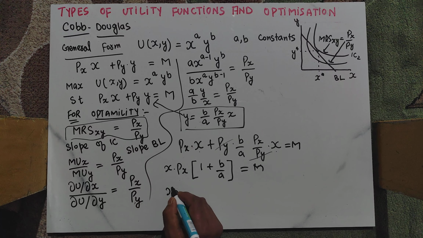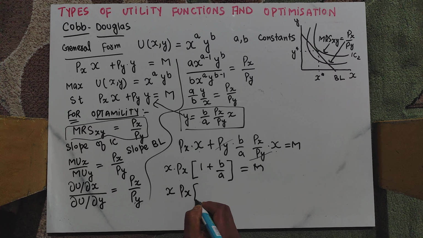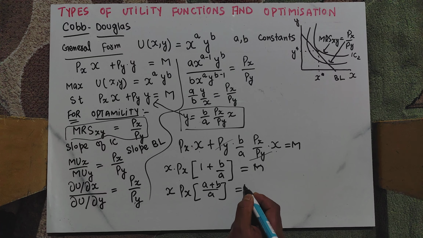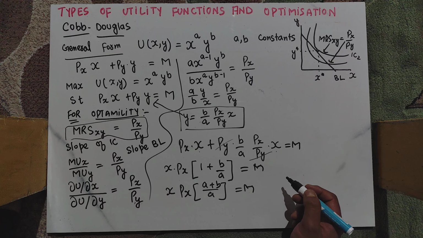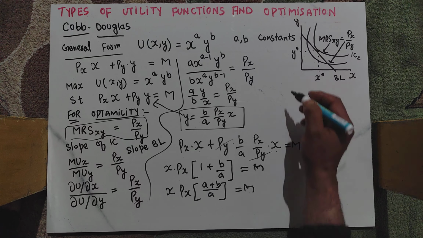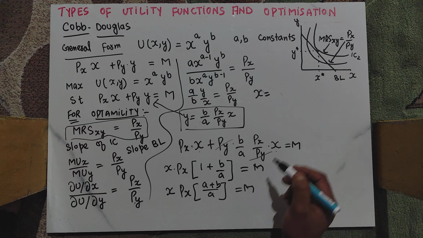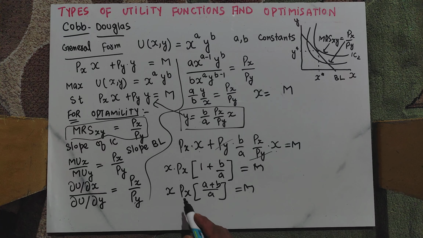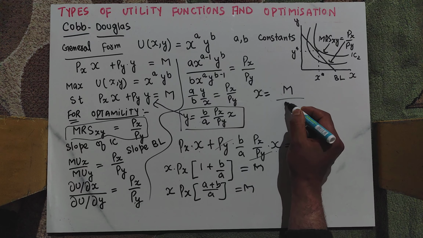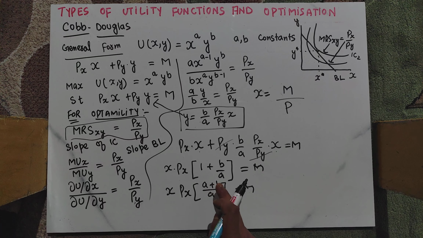Solving further, x times px times (a plus b) upon a is equal to m, or we can write x is equal to m. Transpose this here, it gets divided, so we have a plus b upon a.